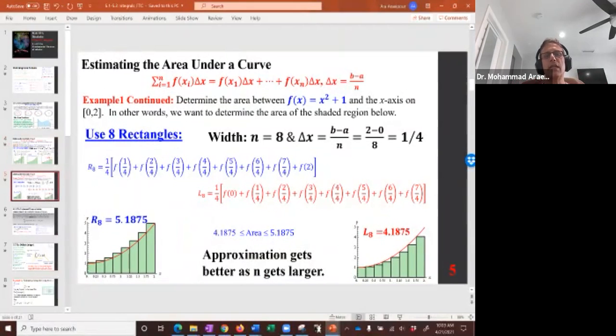We did exactly the same thing with more rectangles. More specifically, we used n equals 8, and it gave us a better approximation, as now the area is between 4.1875 and 5.1875. An approximation gets better as n gets larger.